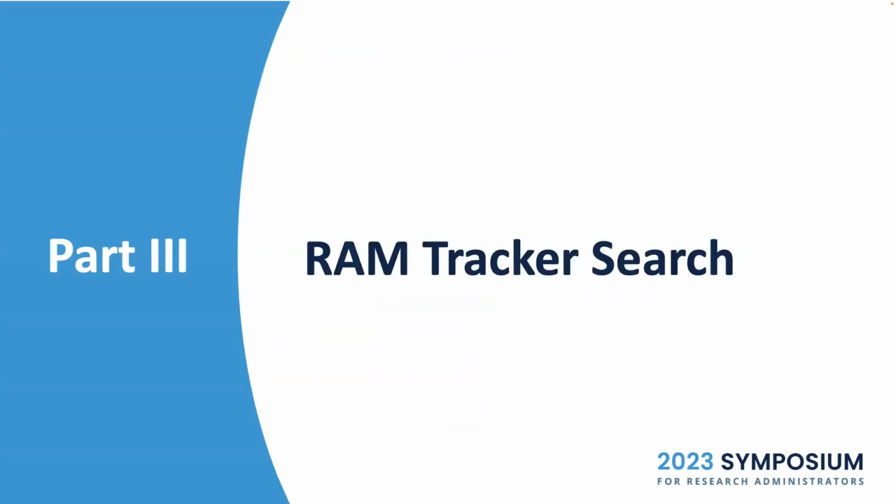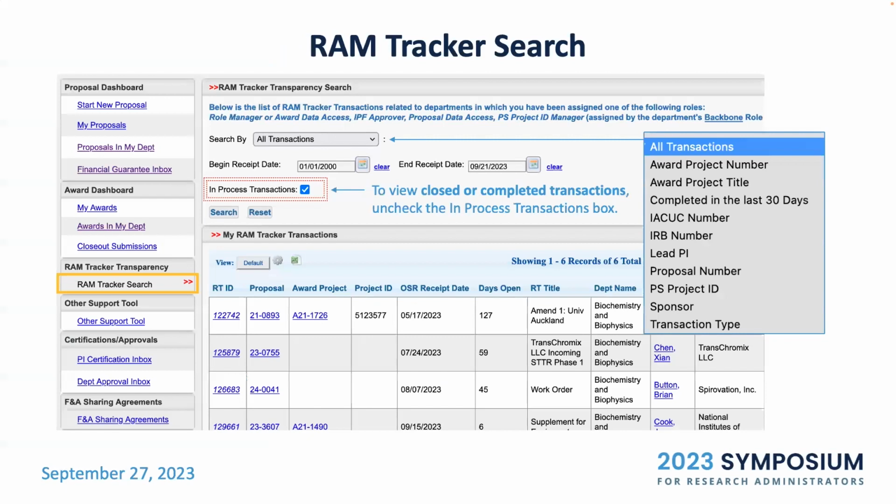So let's go into RAMTracker search, the RAMTracker transparency functionality within the admin modules. A couple of things I wanted to point out on this screen: we have something exciting coming soon that has been asked for by multiple people and departments.